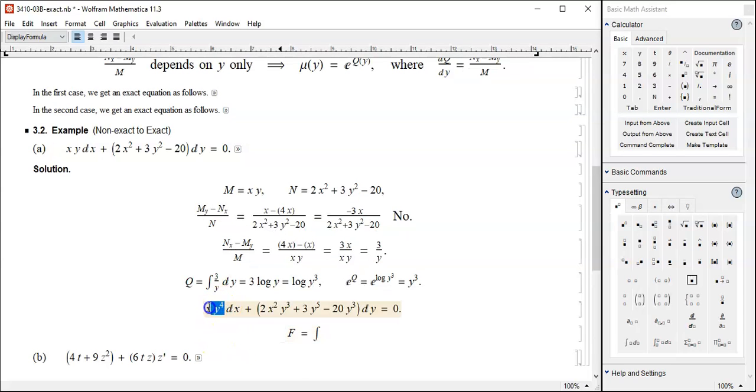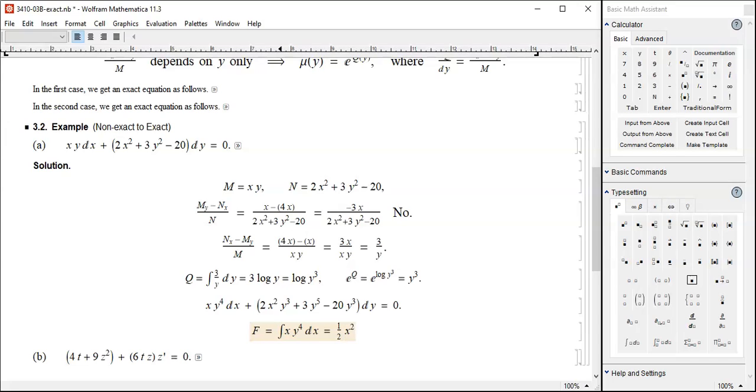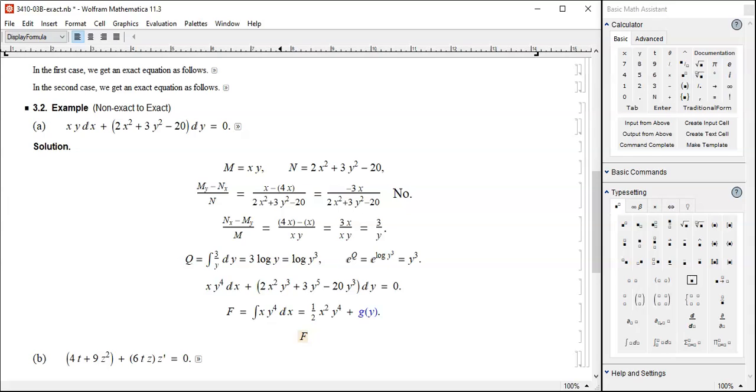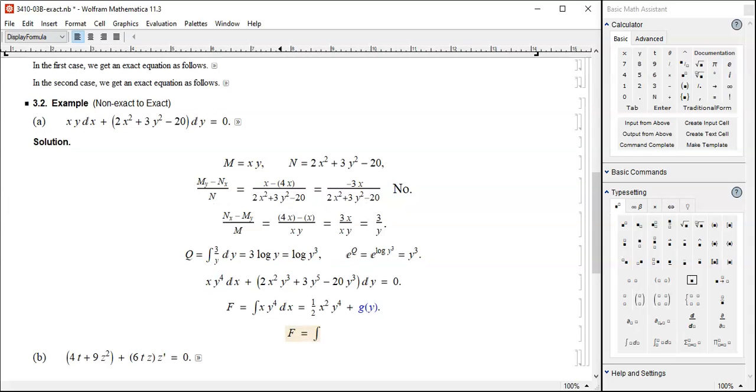So this one by dx. Calculating the antiderivative by x only, I'm going to get 1/2 x squared y to the 4th power, and then I'm going to get a function of y alone. How about the other? The antiderivative of N here.